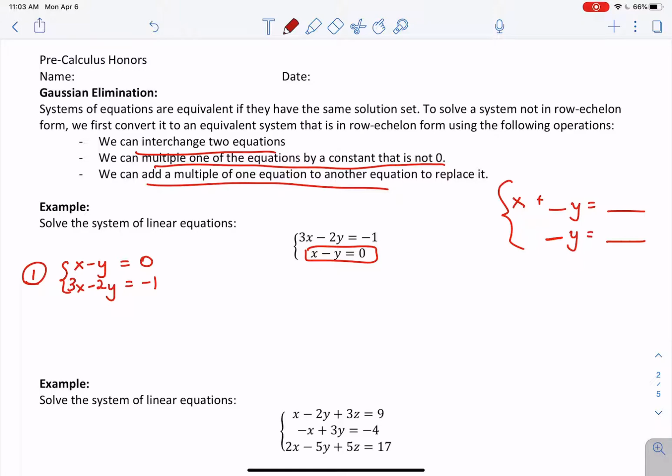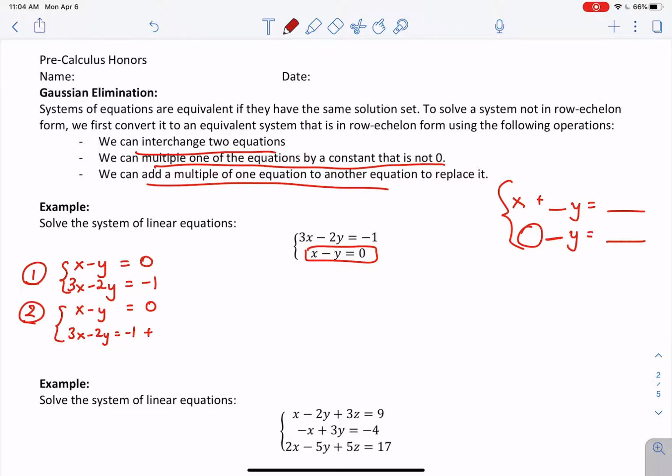Now I need to deal with the second line. On the second line, I don't want any x's, so I have to get rid of the 3x. How do I get rid of it? I'm going to leave the first equation alone, but on the second line, I'm going to add the first equation to it, scaled up.